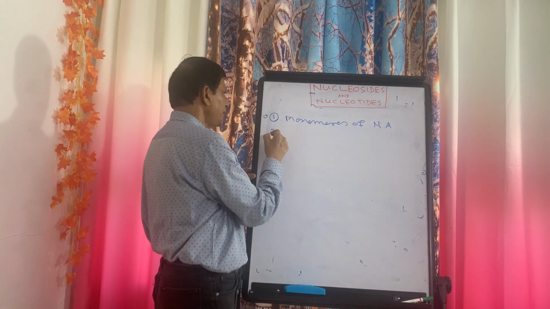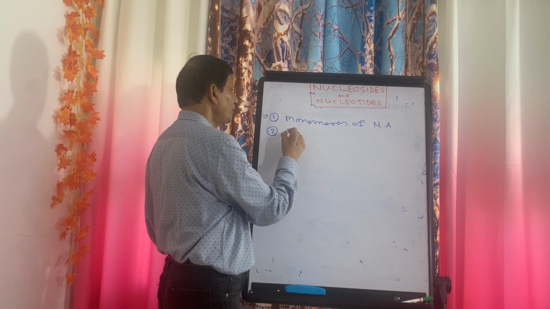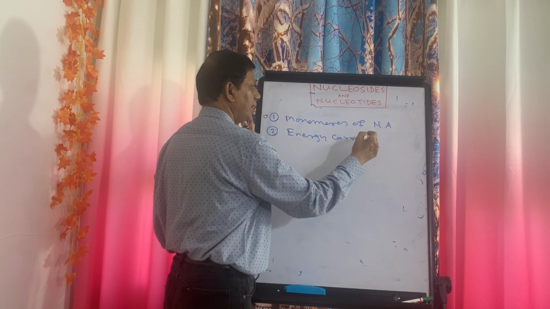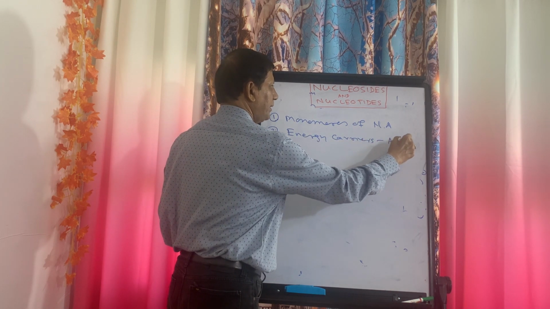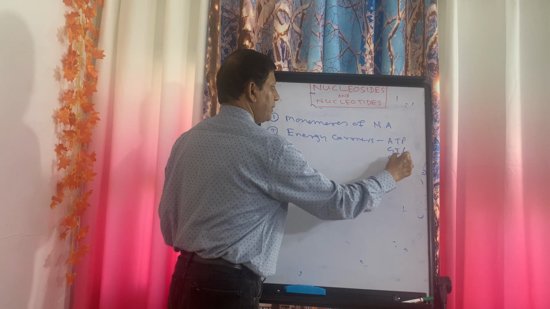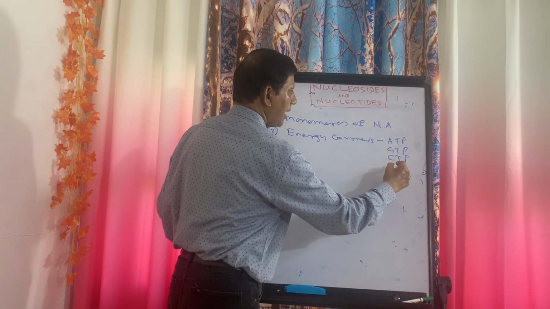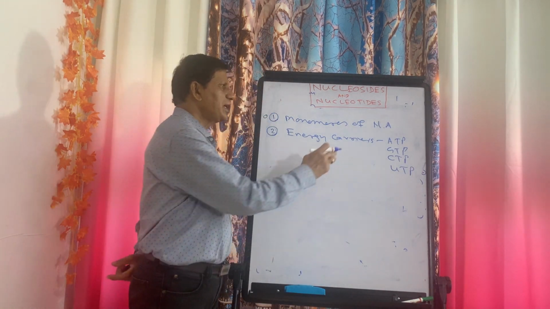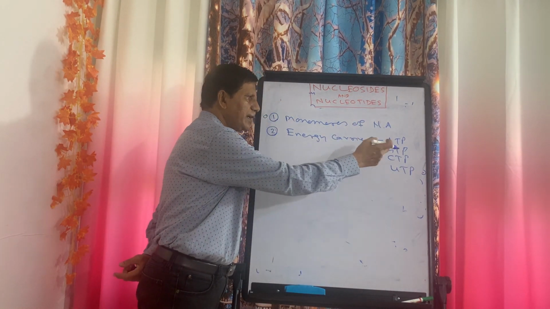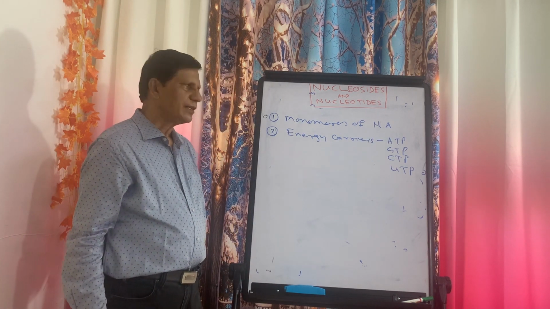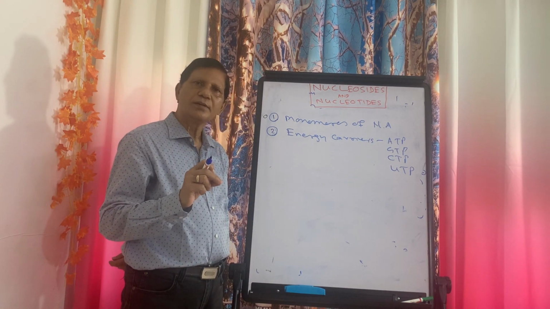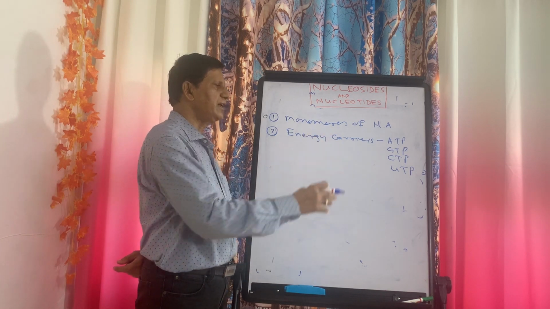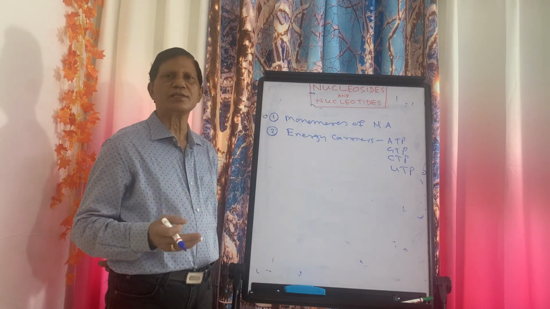Second thing, the nucleotides give rise to energy carriers like ATP, GTP, CTP and UTP. Adenosine triphosphate, guanosine triphosphate, cytosine triphosphate, uridine triphosphate. That means when to one nucleotide, another two phosphate molecules are added, they become energy carriers or energy currencies of the cell.